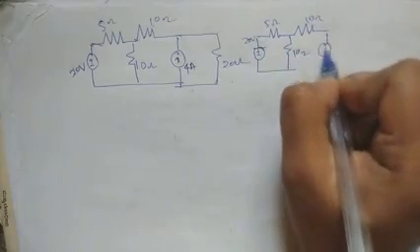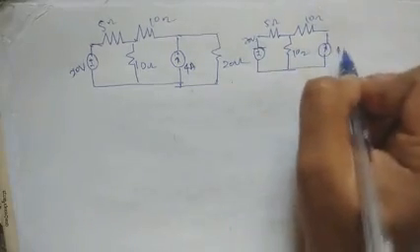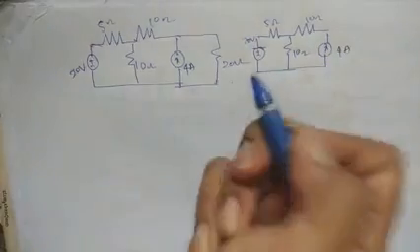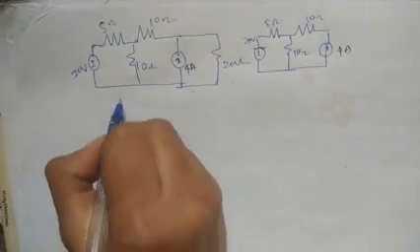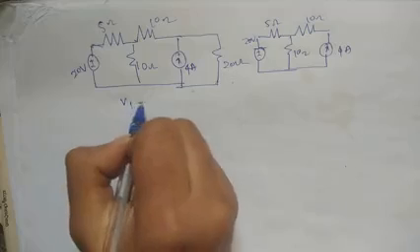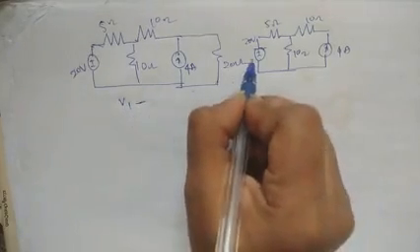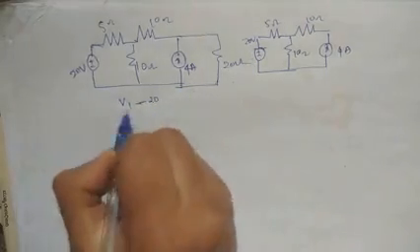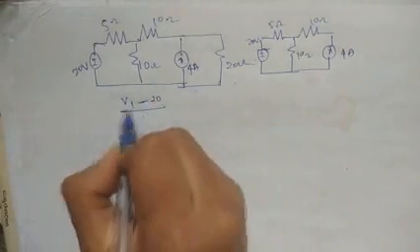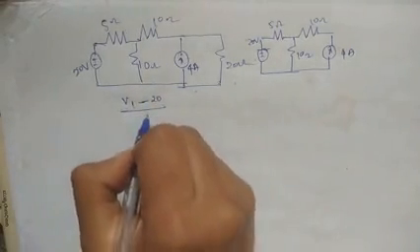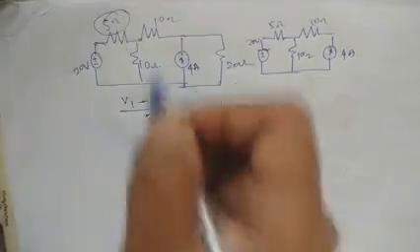This one is a current of 4 amperes. Here apply the voltage divider rule: V1 we have to take minus 20 volt. Current we have to measure divided by 5 ohm of resistor.